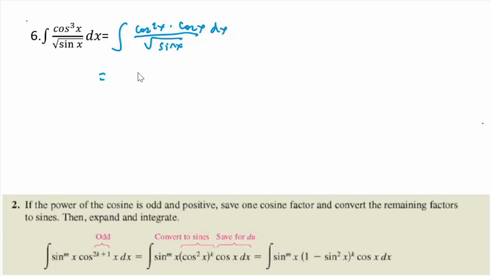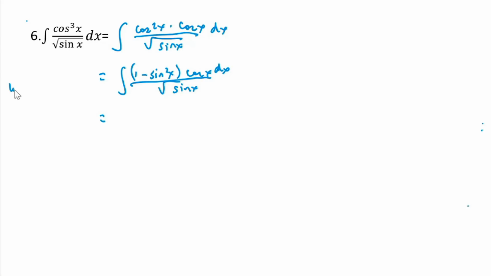So we are going to write the identity of cosine squared x as 1 minus sine squared x, times cosine x dx all over the square root of sine x. Then we're going to let u equals sine x, then du equals cosine x dx.